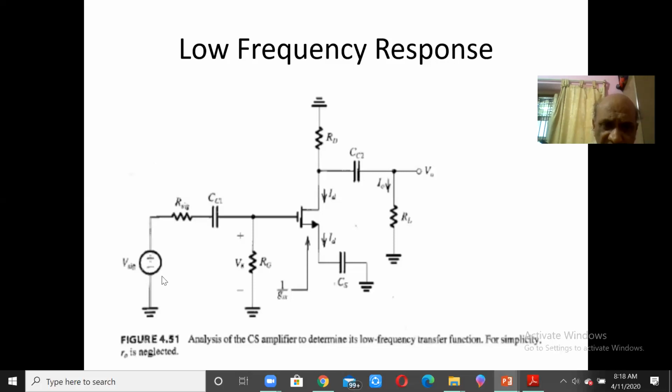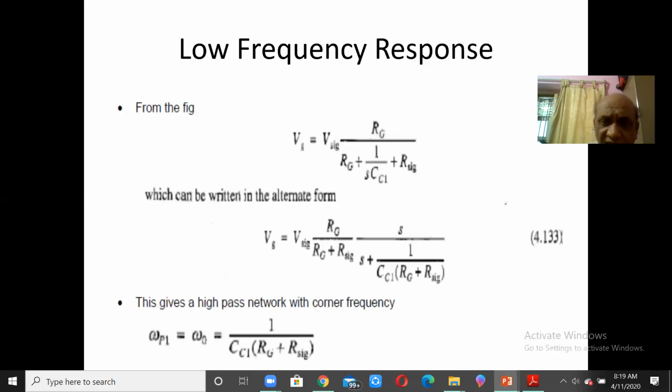If you multiply that current by Rg, then you will get the value of Vg. So thus we have Vg is equal to Vsig divided by this total thing, which gives us the current in the input network, and then you multiply by Rg, you will get Vg.